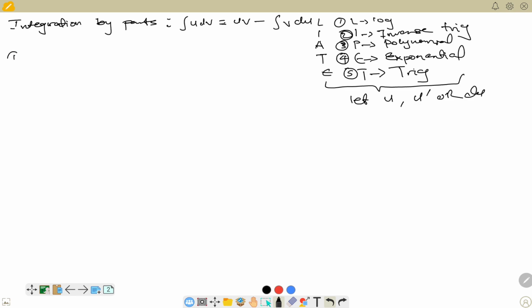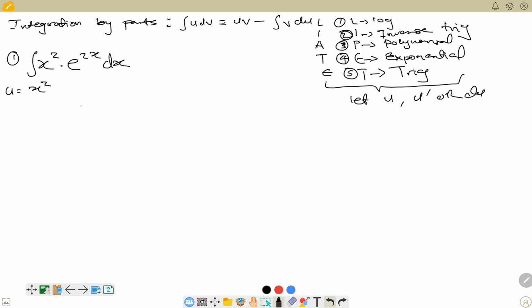So let's look at the first problem. We have the integral of x squared times e to the power 2x dx. According to this, x squared comes first because x squared is a polynomial. So we will let x squared be our u.